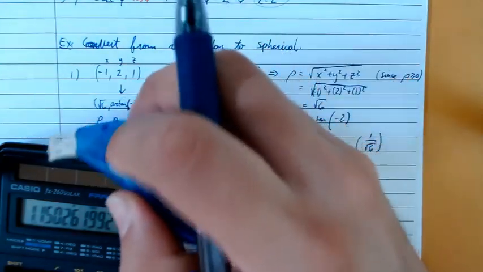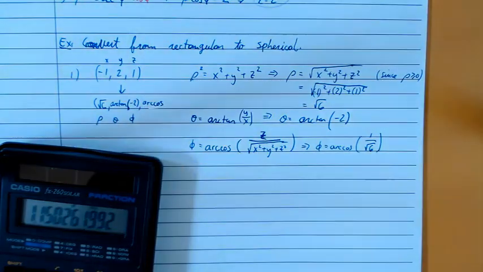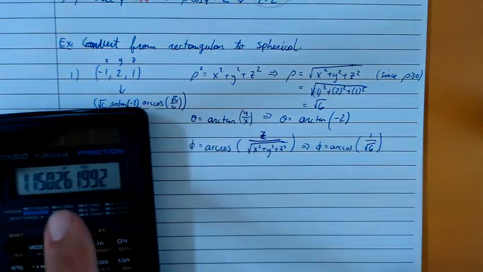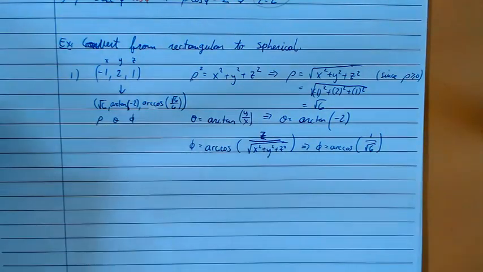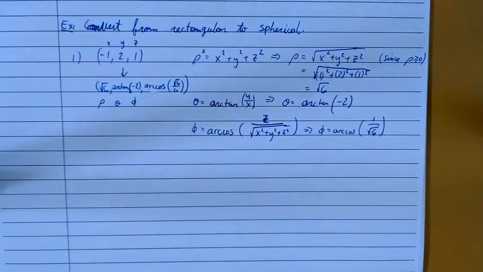It is an exact solution, totally precise. Here we can write that as root 6 over 6. But if you did want to write that as 1.1503, you're welcome to do that as well. But in any event, there is our spherical point.